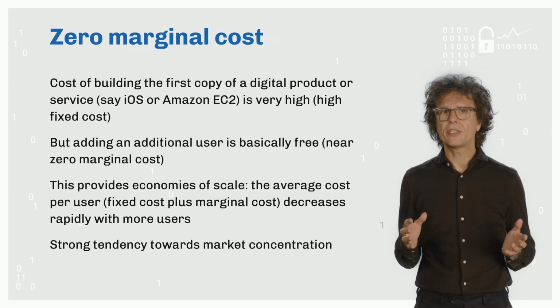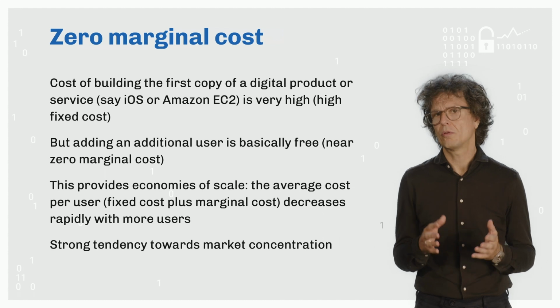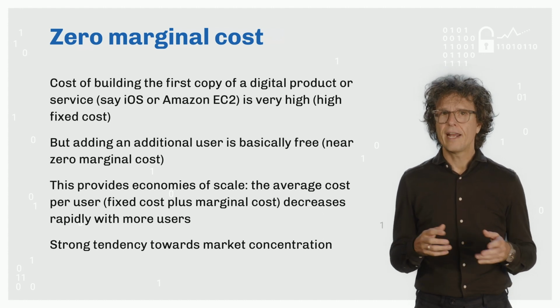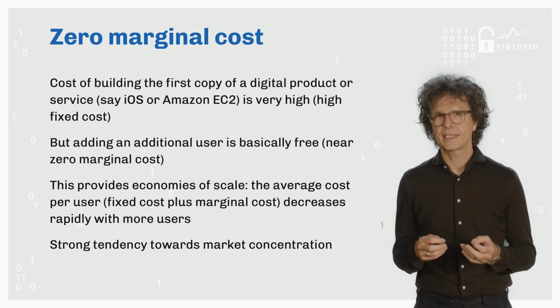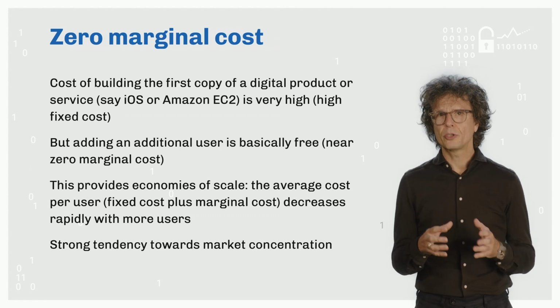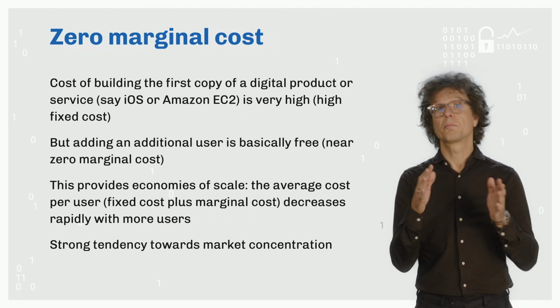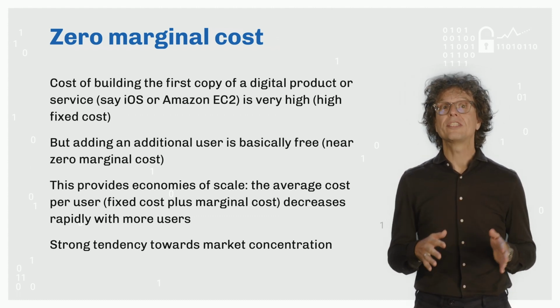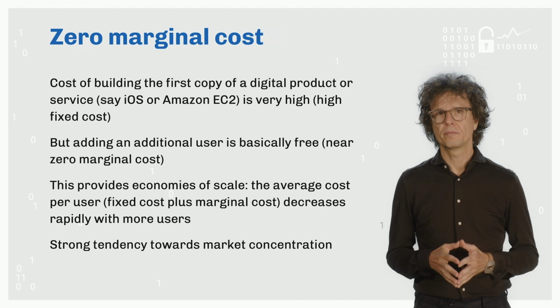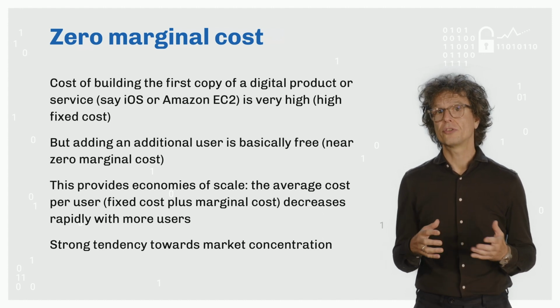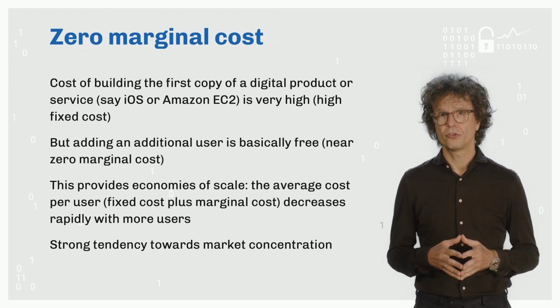This is because information can be duplicated and distributed for almost nothing. And therefore, the company reaches economies of scale. The average cost per user, which is the fixed cost plus the marginal cost, decreases rapidly with more users. And this advantage causes a strong tendency towards market concentration.